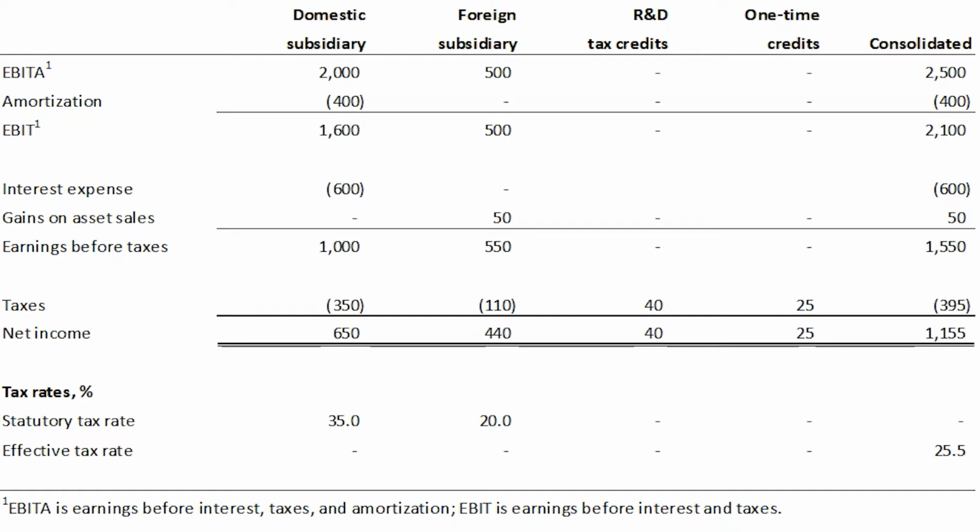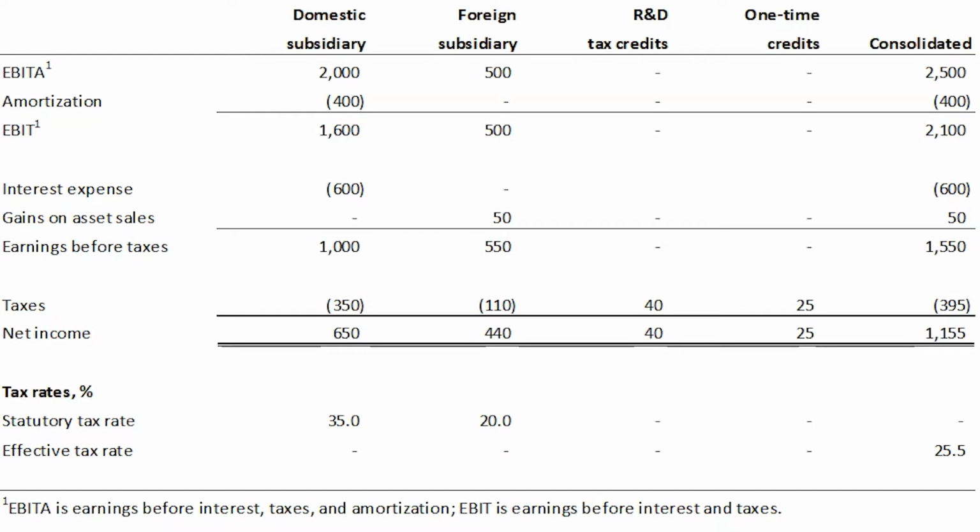And then we've got gains on asset sales. And we see that that's only in the foreign subsidiary. The foreign subsidiary sold some assets. They sold them for more than book value, so they've got a gain on the asset sale there. And the domestic subsidiary doesn't have any entries there. So then we have EBT, earnings before taxes, of $1 billion in the domestic subsidiary and 550 million in the foreign subsidiary. Then we pay taxes at the statutory tax rate.